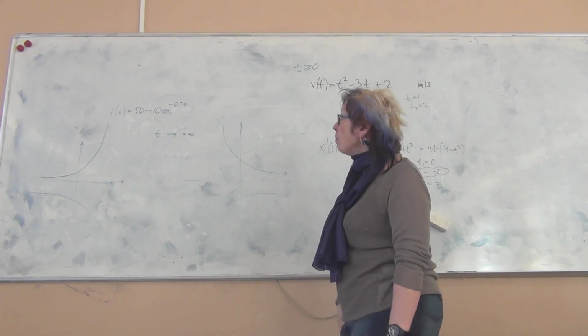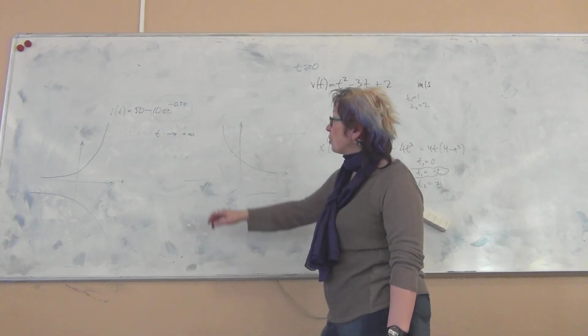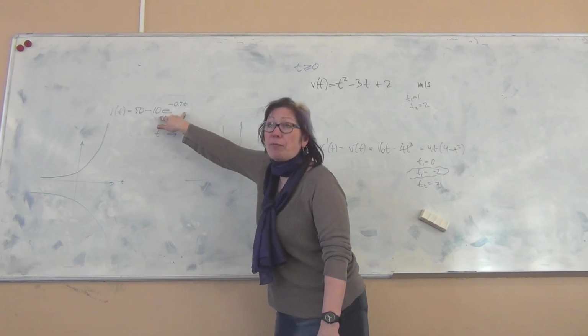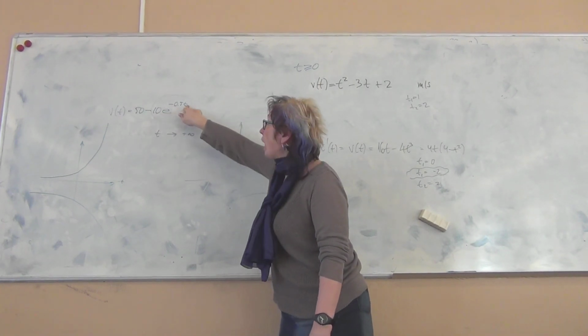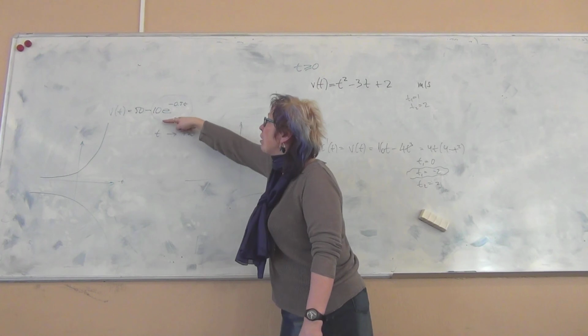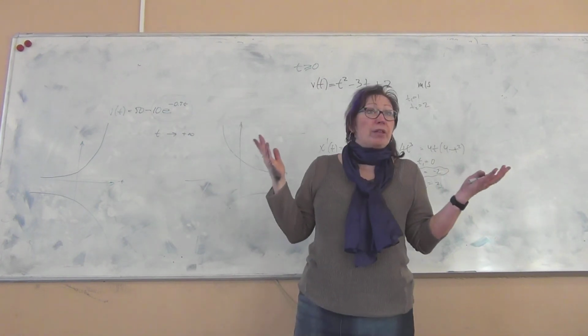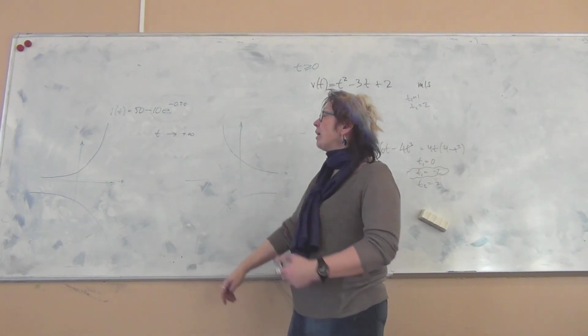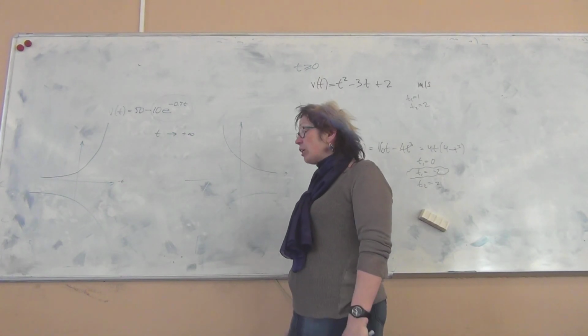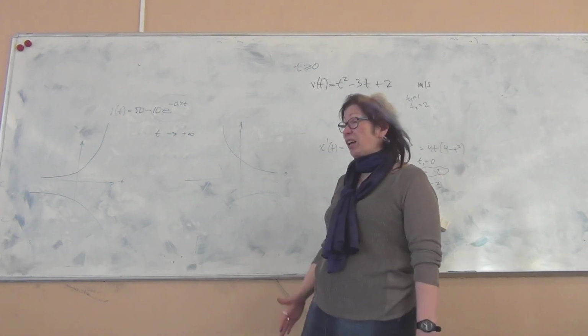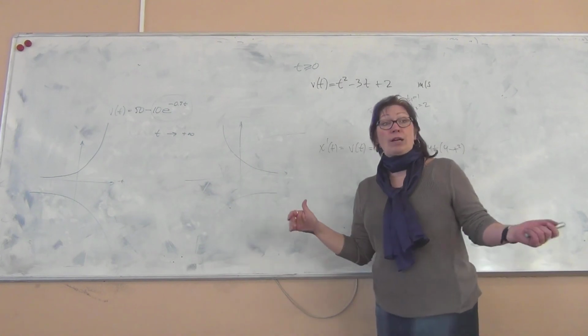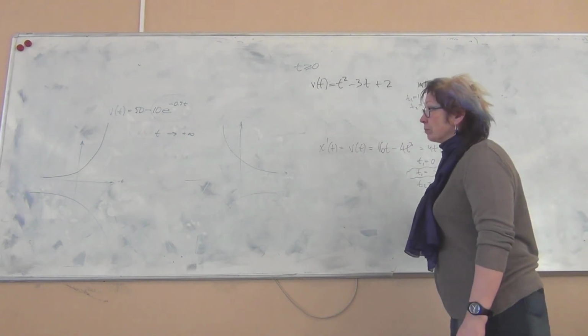It might never become 50 actually, because there will always be this slight difference. For very large t values, this will be a very small number, but still it will be there. But we can say that the velocity approaches 50 as time goes on indefinitely.